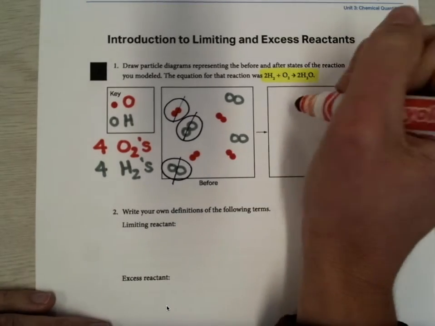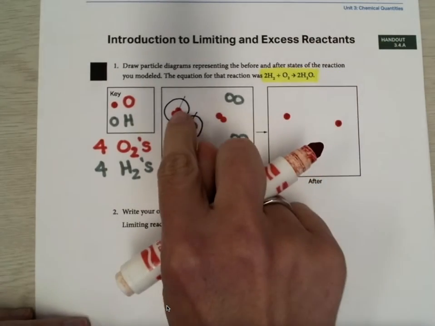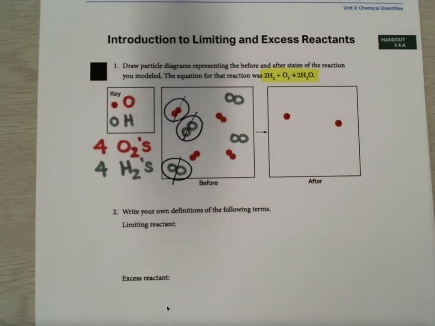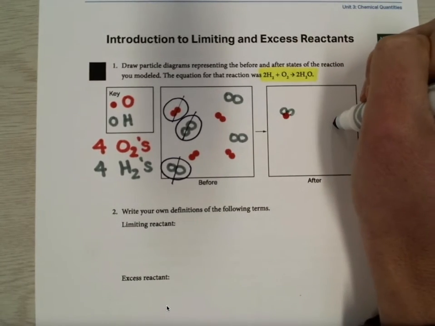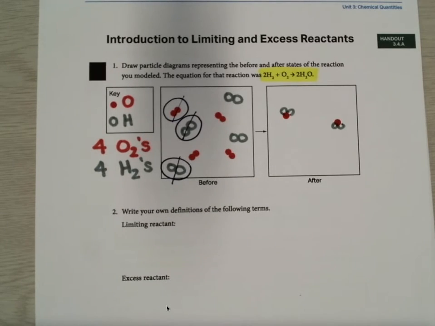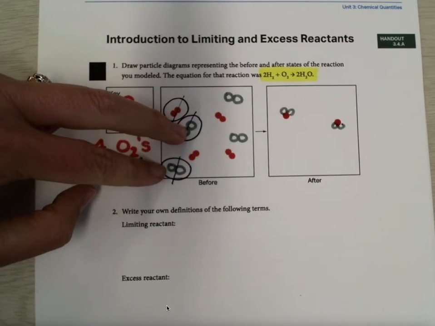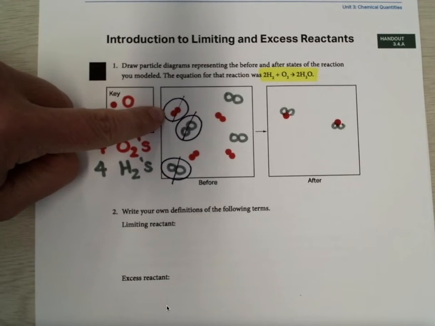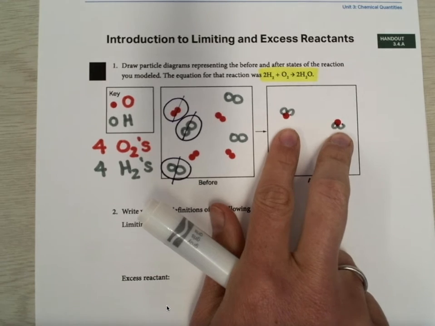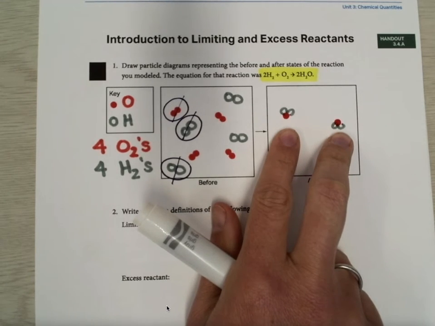Okay? So the oxygen's going to break up into those, and then I'm going to draw them as little bent water molecules right there, right? So I took 2 hydrogens and 1 oxygen and formed 2 waters on this side.